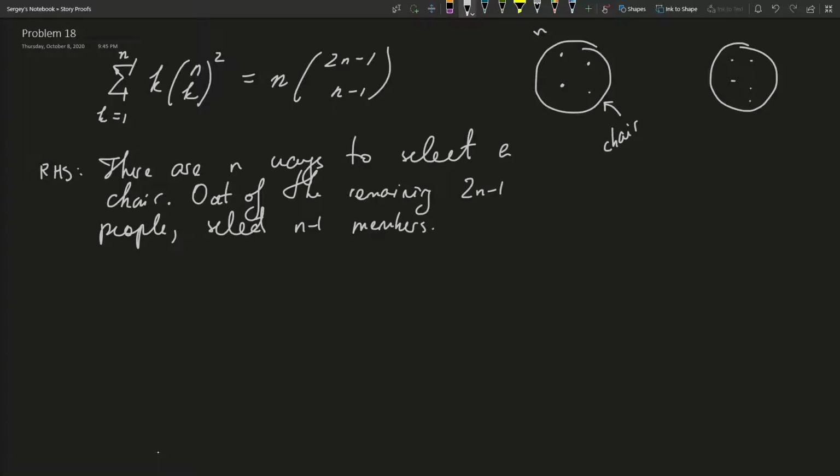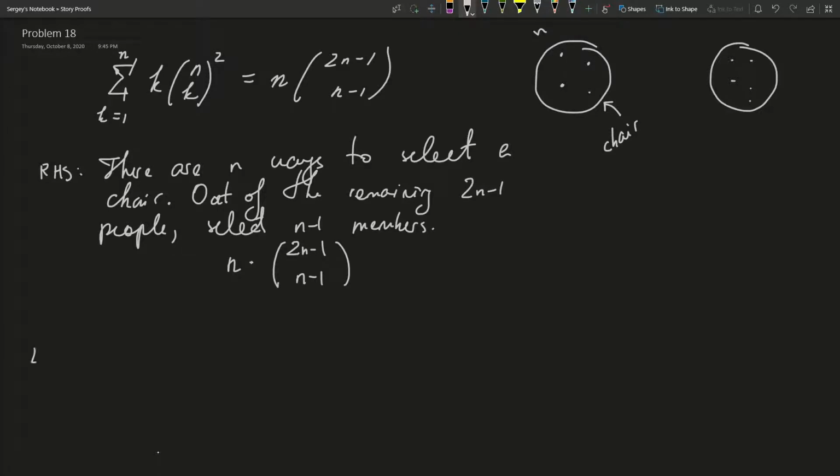So in total, we have n choices from the first group for a chair of the committee, and then for each such choice, from the remaining 2n minus 1 people, we select n minus 1 members for the committee.